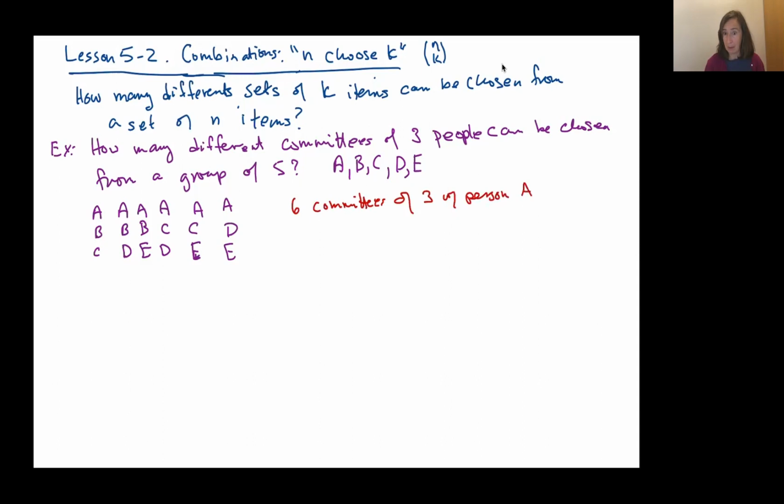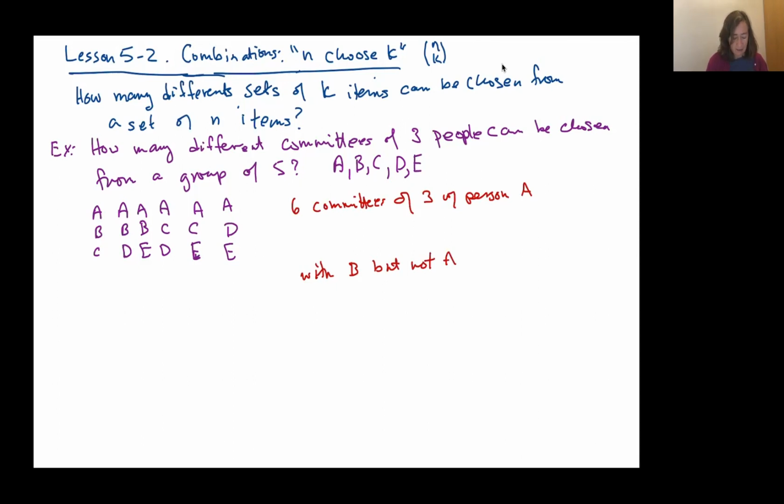Fine, but we have to have more than A, so let's keep counting. Let's look for some with B, but not A, because we've got all the ones with A, obviously.